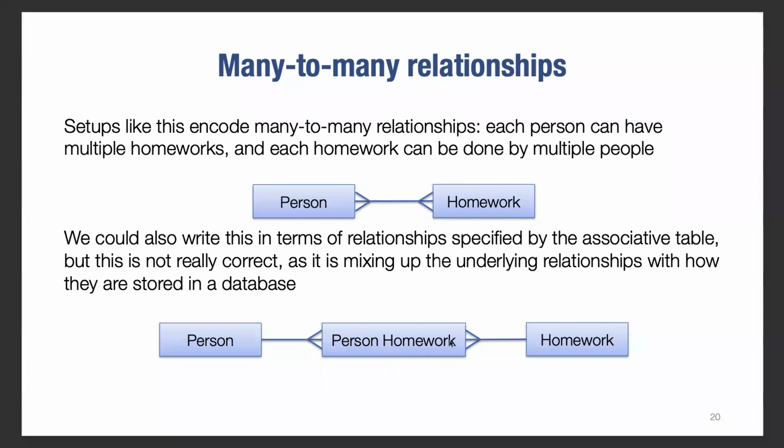And this homework is also going to have multiple appearances in the person homework table, because homework 1 was done by person 5, person 6, person 20, person 3 million. Do you understand? That is, in the practical sense, how you really represent many-to-many relationships.